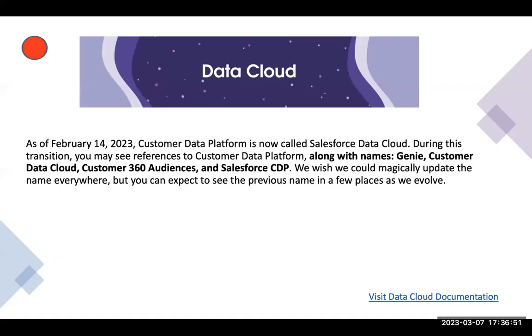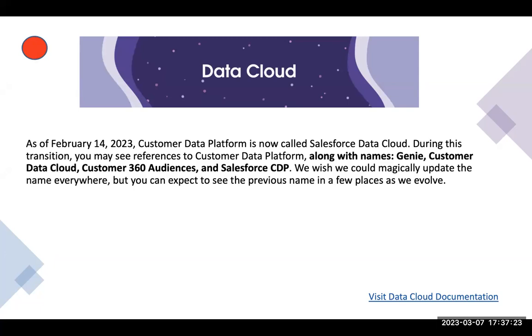I'll quickly go through this, since I know many of you already know Data Cloud. It's not super fancy, but you should understand it. As of Feb 14, 2023, the customer data platform is now called Salesforce Data Cloud. During this transition, you may see references to customer data platform, customer data cloud, and Customer 360 Audiences. Wherever you see these names, Salesforce has been replacing them with Data Cloud.